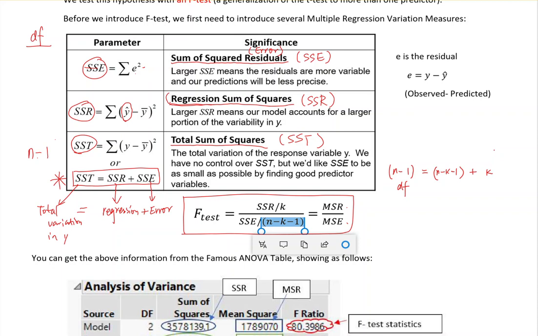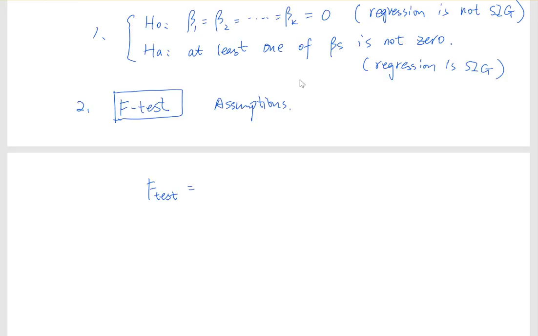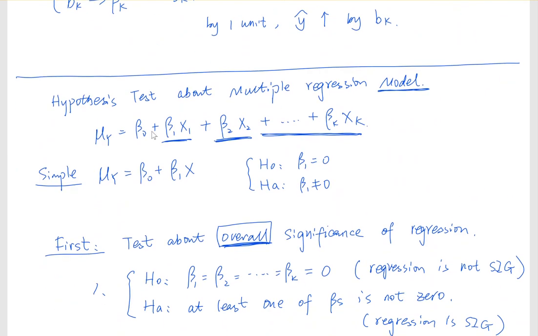For regression, how many explanatory variables do we have in our regression model?